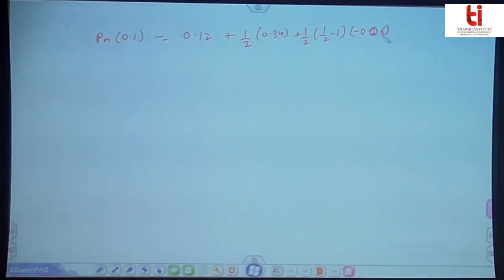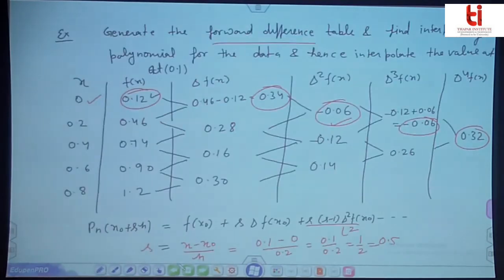Now we put all these values into the formula. Finally we get P of 0.1 equivalent to 0.28125, or we can say f of 0.1 is equivalent to 0.28125.